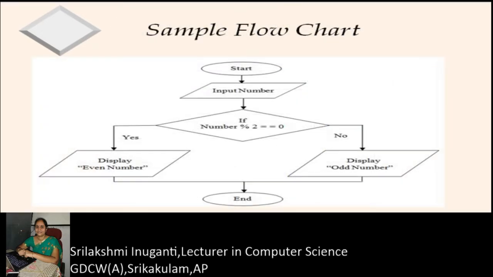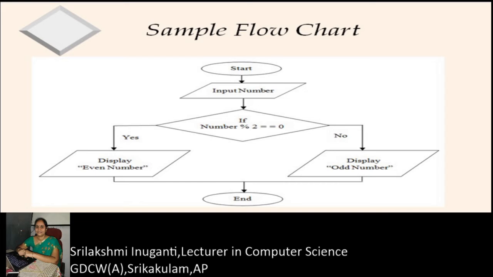So this is an example flowchart for checking whether a given number is even or not. See this symbol. This oval indicates start. This oval indicates end. Input number: I have given some number, so that is represented by the parallelogram. Next, I am checking whether the number is divisible by 2 or not. So there are two options. If the number is divisible by 2, remainder is 0.